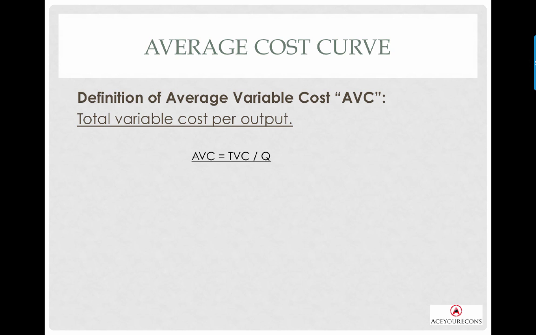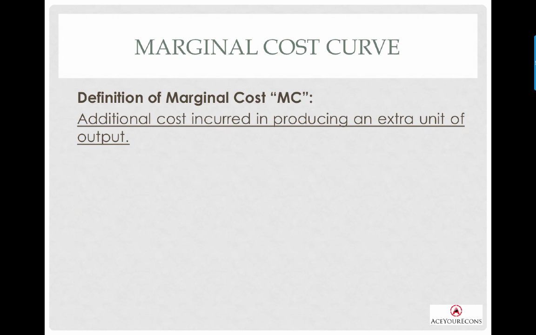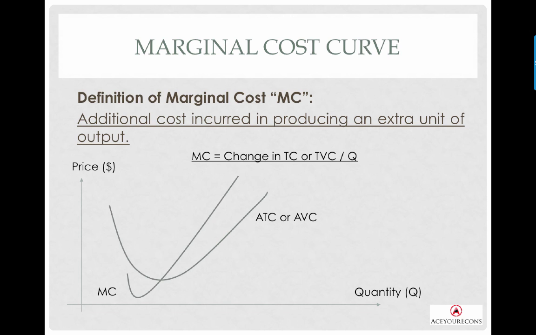In the exam, they won't ask you to explain why it is U-shaped. They also won't ask you why your marginal cost is a Nike tick. All you need to know is that it can be derived, in the sense that when you plot it, it looks like a Nike tick, and it can be mathematically derived that your marginal cost will always intersect your ATC at the minimum point. So before we go to the next slide, let me recap.